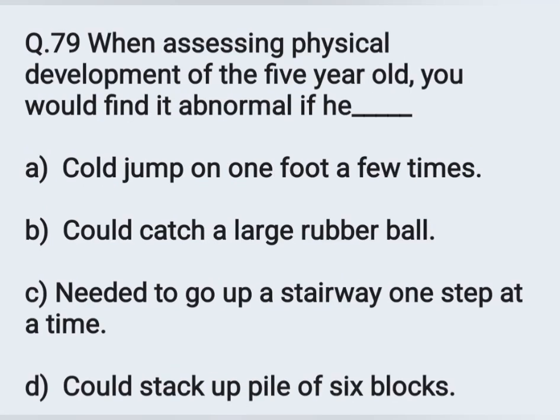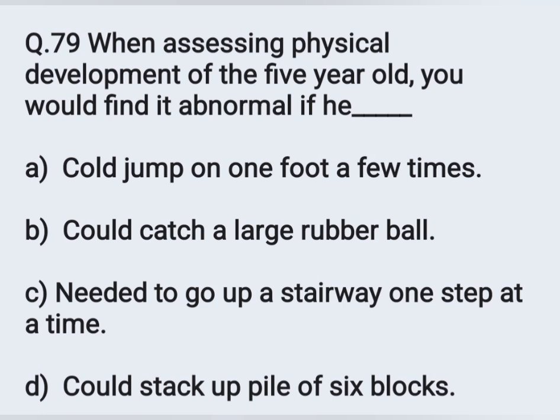And the next question number 79. When assessing physical development of the 5-year-old, you would find it abnormal if he. Options: Option A, could jump on one foot a few times. Option B, could catch a large rubber ball. Option C, needed to go up a stairway one step at a time.